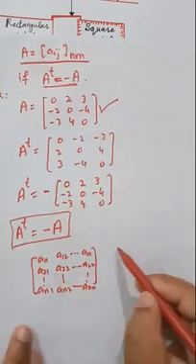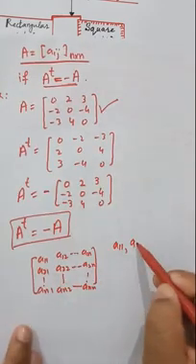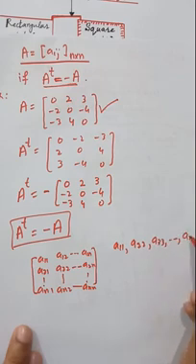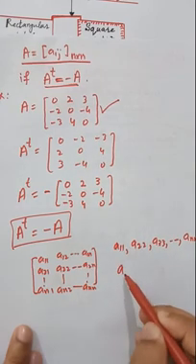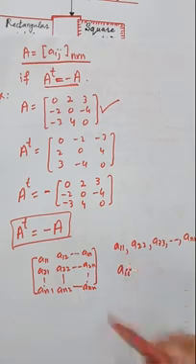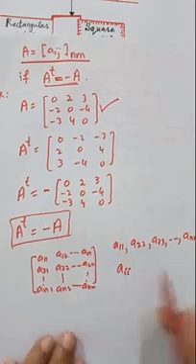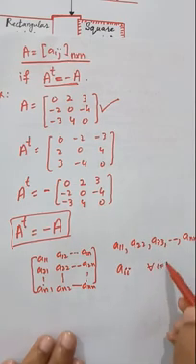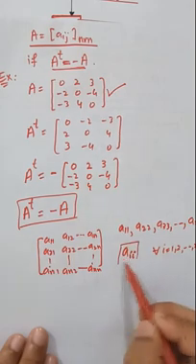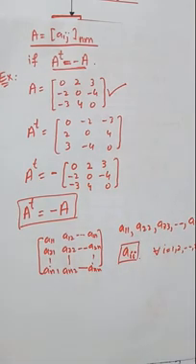Here the diagonal elements are a11, a22, a33, and so on up to ann. Or you can just write aii for all i equal to 1, 2, 3 up to n.